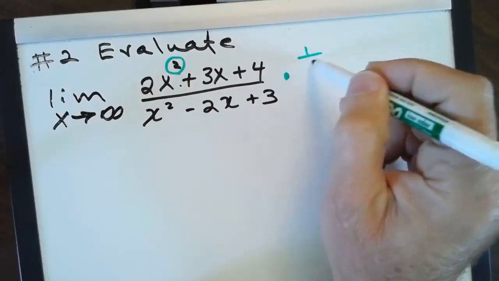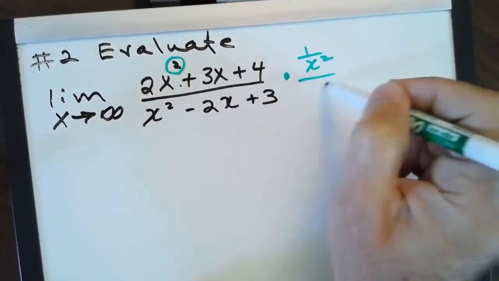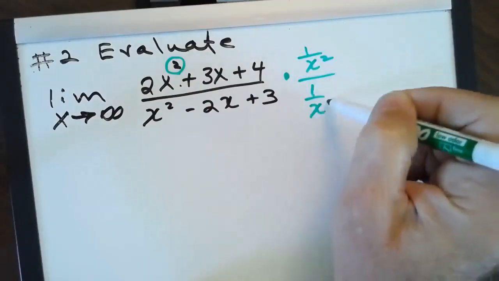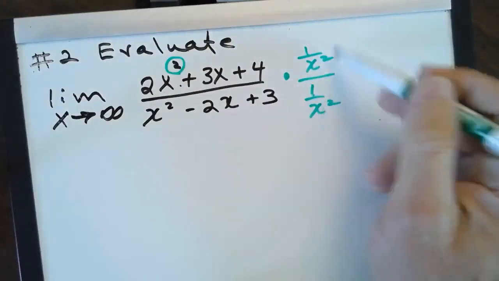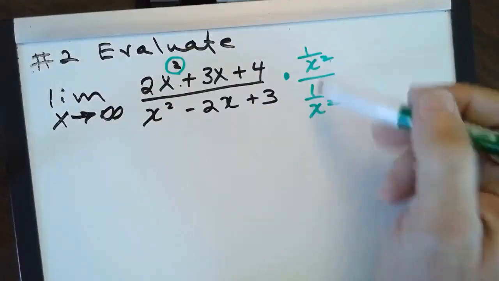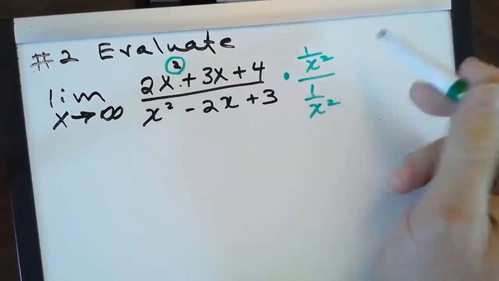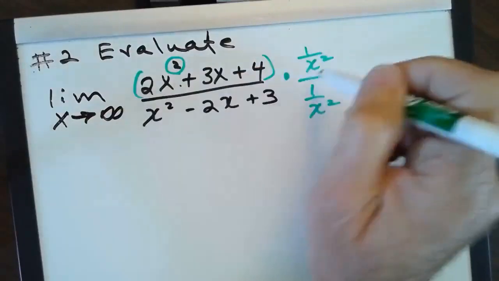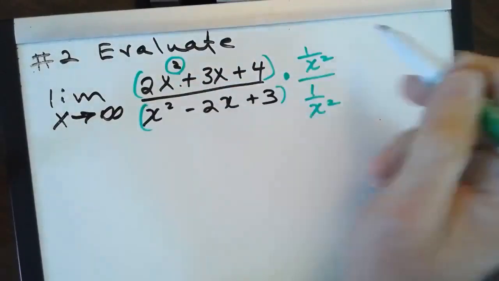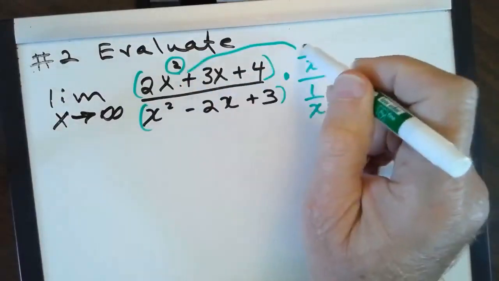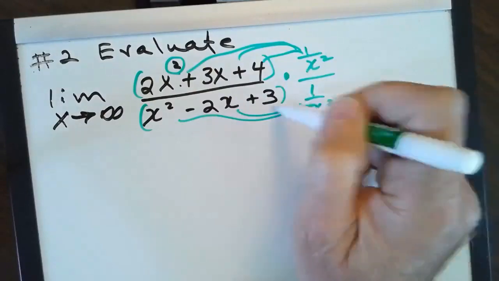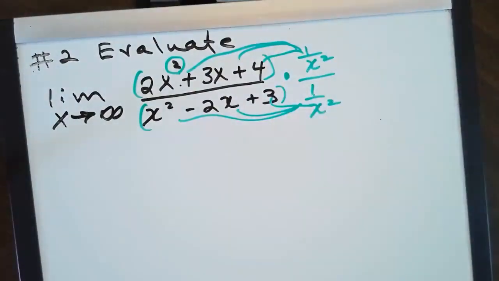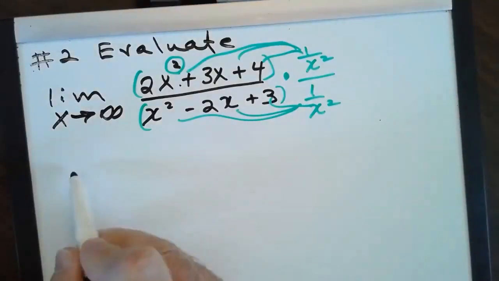So 1 over x squared over 1 over x squared is still 1, because anything over itself except for 0 over 0 is 1. From here, we're going to distribute that, multiplying each term in the numerator and each term in the denominator. I'll explain why we're doing that in a moment.